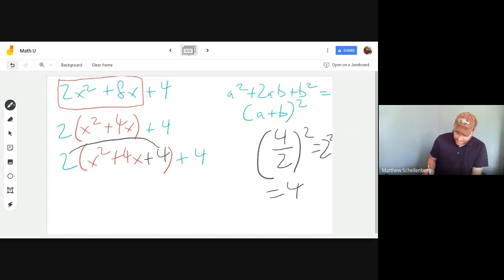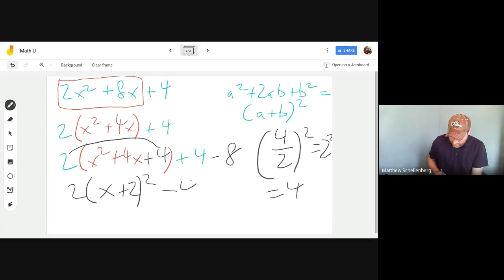And so that's positive, so we have to subtract 8. So that gives us 2 times (x plus 2) squared, and 4 minus 8 is negative 4, minus 4. So here my a is 2, my h is negative 2, and my k is negative 4.